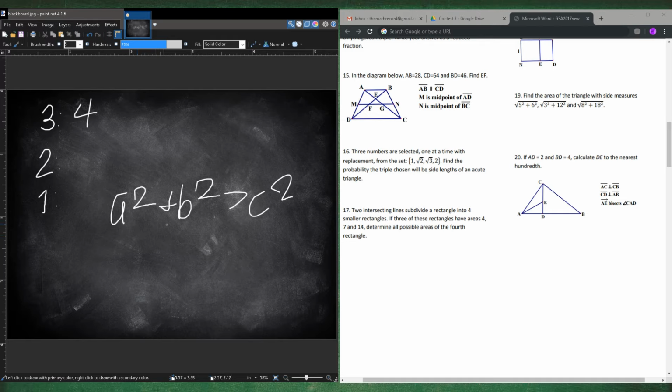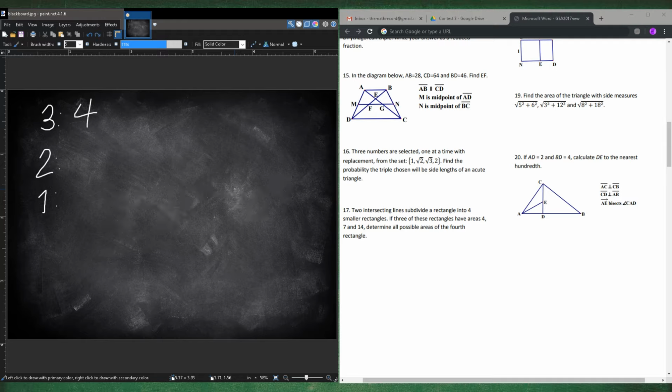So the two smallest side lengths squared, added together, have to be greater than the last length squared for it to be a triangle. Since 1 squared plus 1 squared is 2, which is less than square root 3 squared, which is 3, it's going to be obtuse, so it doesn't work. If square root 3 squared is greater than 1 squared plus 1 squared, then 2 squared is obviously greater than 1 squared plus 1 squared. So none of the 1, 1 cases work.